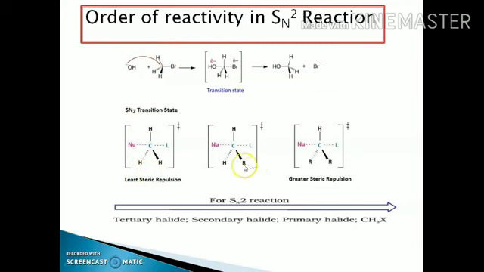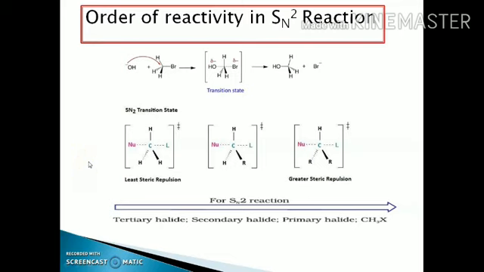As the size of the alkyl chain increases, it provides steric hindrance to the upcoming nucleophile. Due to this steric hindrance, the approaching nucleophile is unable to attack the carbon positive charge, and it makes the tertiary alkyl halide least reactive. As in the tertiary alkyl halide, 3 alkyl or bulky groups are attached.